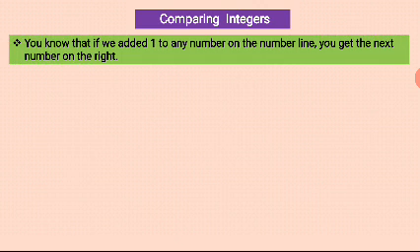You know that if we add 1 to any number on the number line, we get the next number on the right. When we take 7 and add 1, 7 plus 1 is equal to 8. 8 is on the right side of 7.